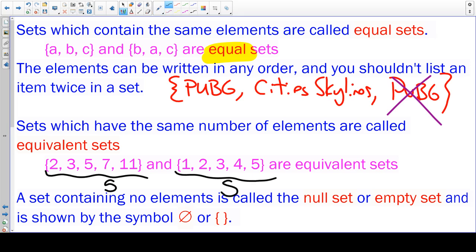You could have another set of black, blue, orange, yellow, and car, truck, plane, motorcycle. They both have 4 elements. They would be equivalent, but not equal. Okay? So there's the distinction of equal and equivalent sets. All right?